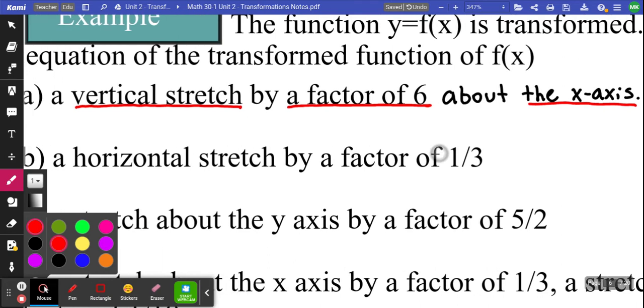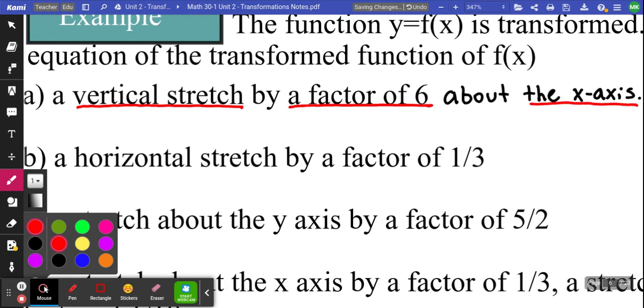So what's happening here? Vertical stretch means I'm taking something and pulling it upwards, right? Like I'm stretching it vertically. By a factor of 6, that means I'm taking every point and multiplying by 6 to go higher. And I'm stretching away from the x-axis. So if the x-axis is here, I'm getting further away from it. I'm either going up or down away from it.